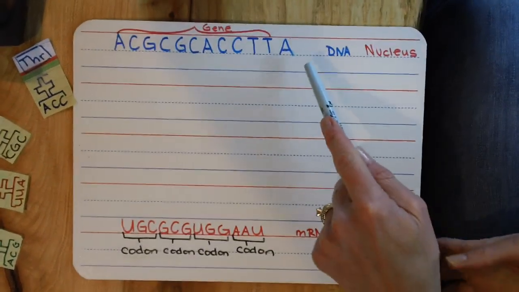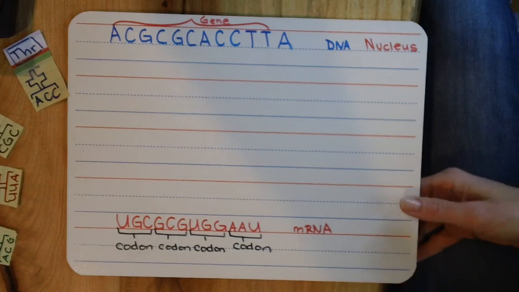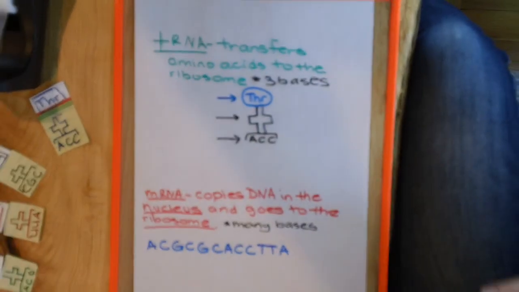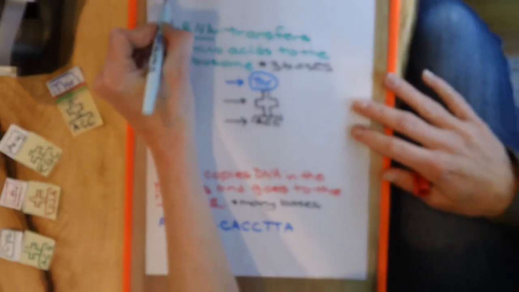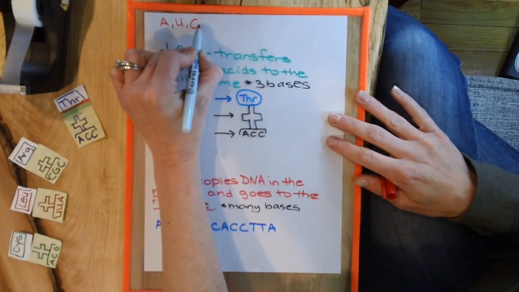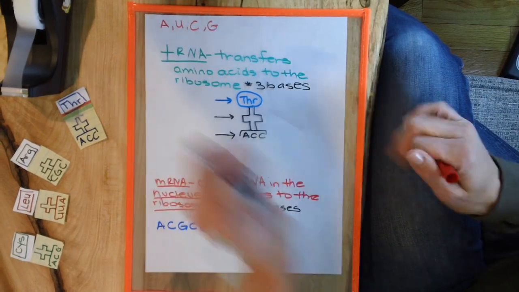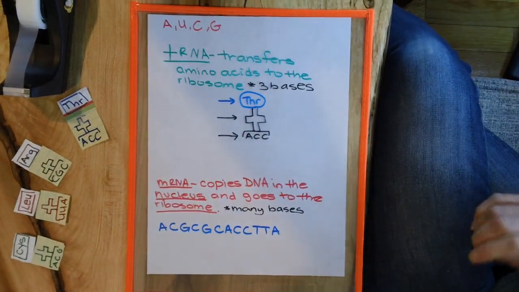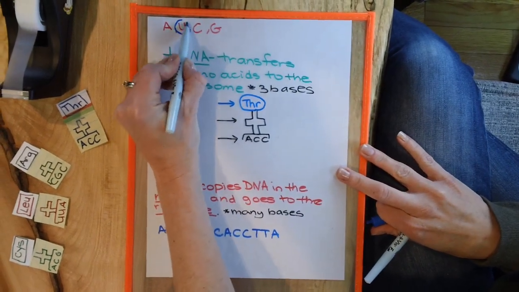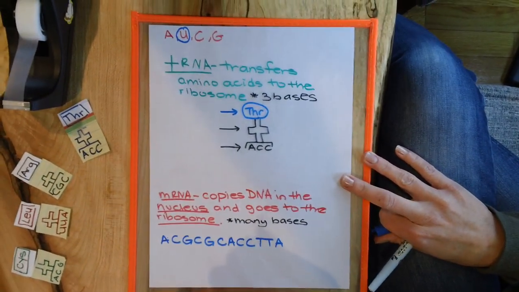Now before we can actually do that, we need to talk a little bit about the different types of RNA. Now you learned RNA has A, U, C, and G. And if you notice, that's very, very similar to DNA. However, DNA doesn't have this U, so that's what makes it different.